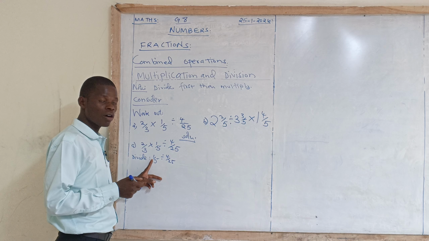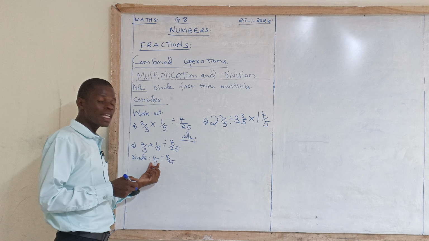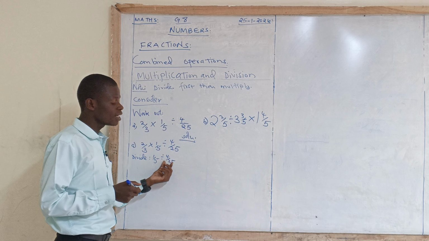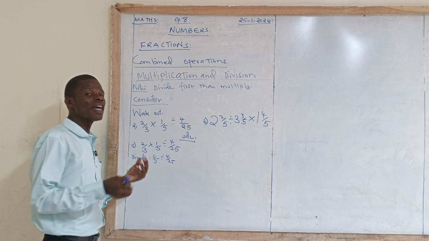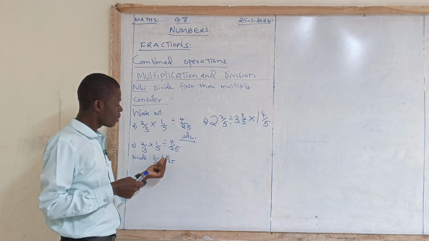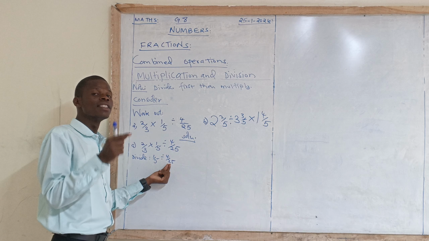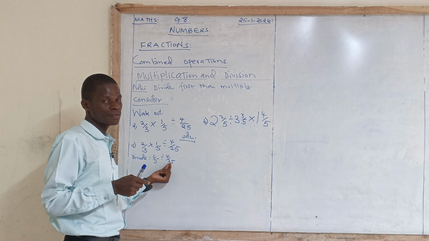We are dividing 1 over 5, by 4 over 25. So this one is the dividend and this one is the divisor. So dividing by the divisor 4 over 25 is the same as multiplying by the reciprocal of 4 over 25.